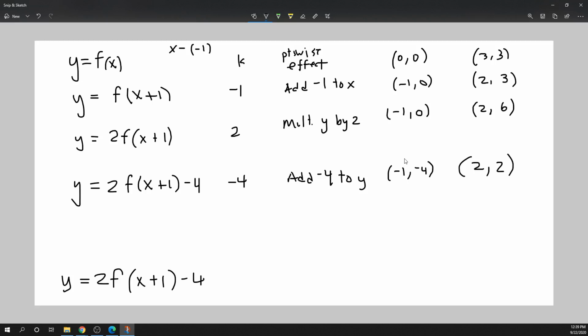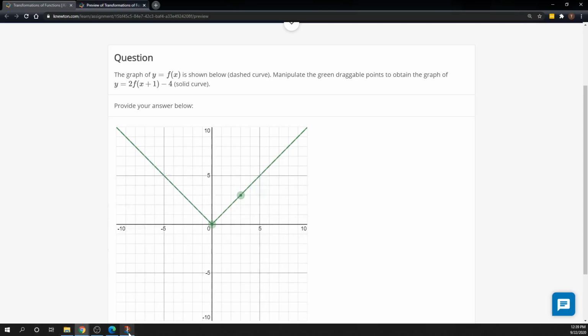Then we just go through and move our points to those locations. So 0, 0 goes to -1, -4, which is down here.